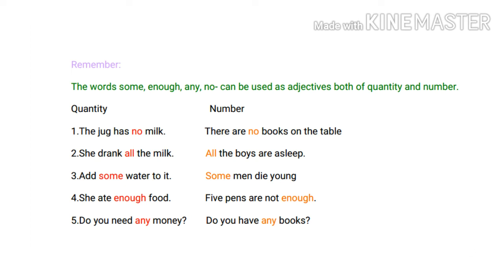See, 5 pence are not enough. In this sentence, enough denotes the number of pence. Similarly, do you need any money? Here, any refers to the amount of money, whereas when you say, do you have any books? The adjective any refers to the number of books.